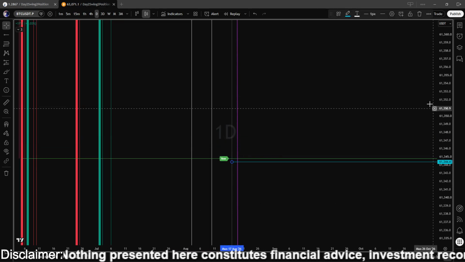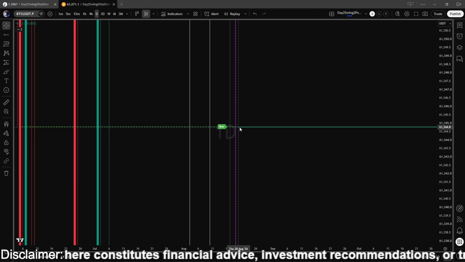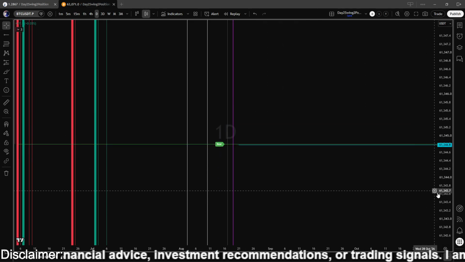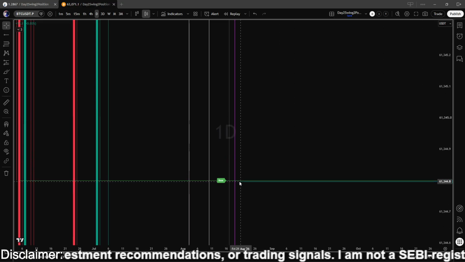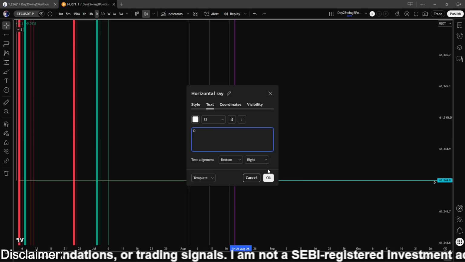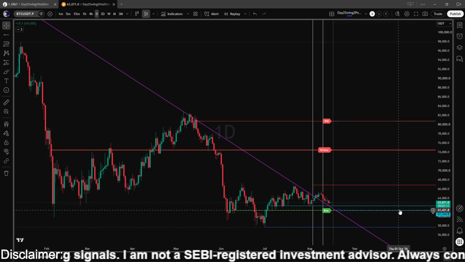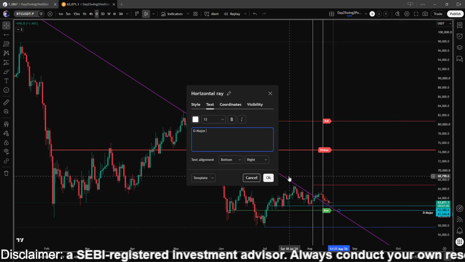So I'm just going to mark the same price level which my indicator is pointing out in this daily time frame, and mention it as a daily. Let me point this out as a daily major support.